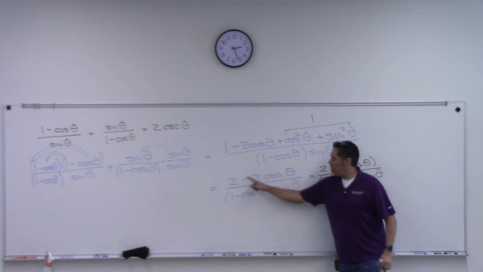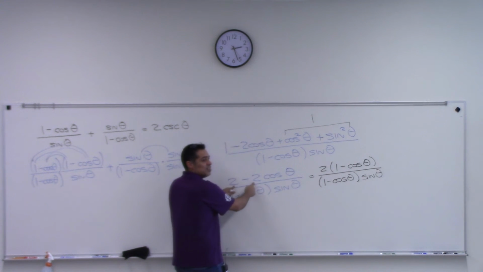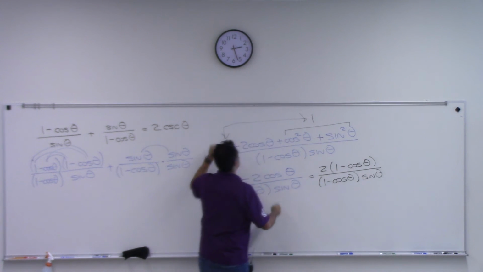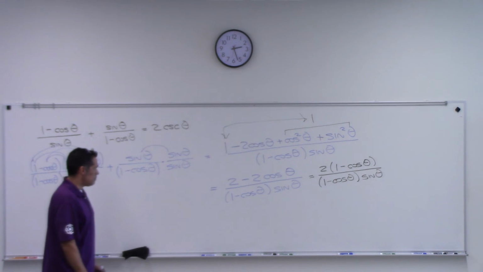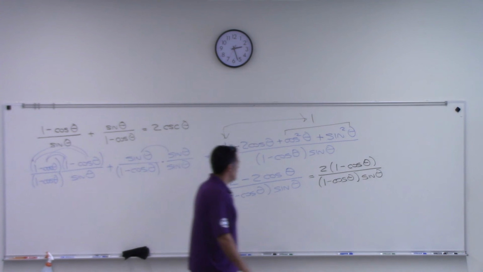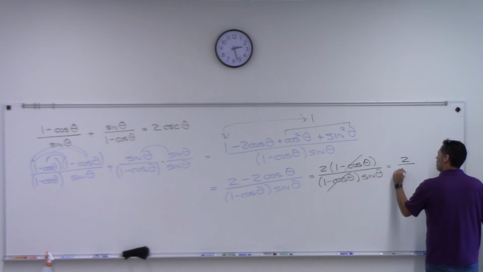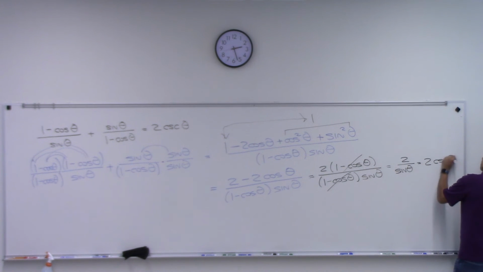You're just doing a GCF. These 2 together. Add those 2 ones together. They're gone. You get 2 over sine theta, but that's 2 cosecant theta, and we're done.